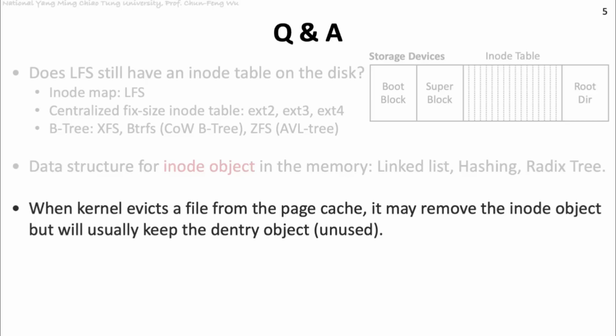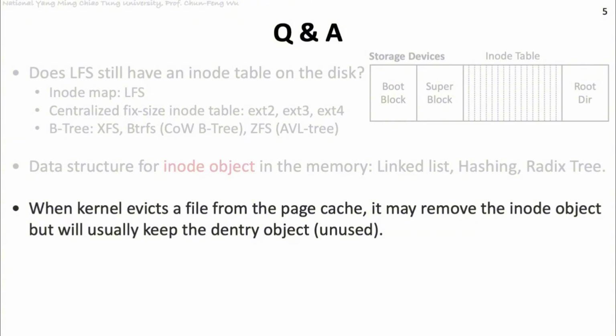Okay. There is another question, about the dentry object. We say there is a state for the dentry object called unused, and the statement is: when the kernel evicts a file from the page cache, it may remove the inode object but will usually keep the dentry object.